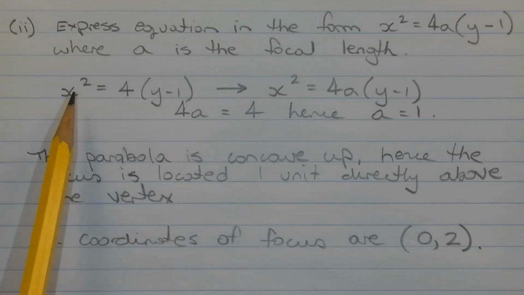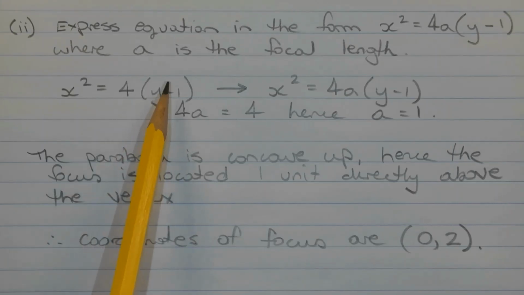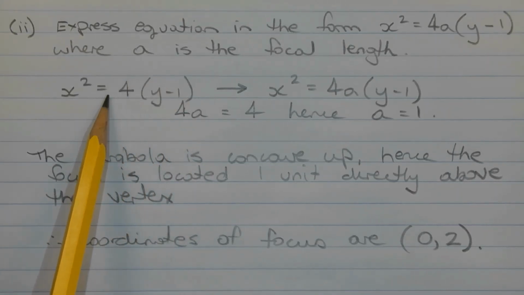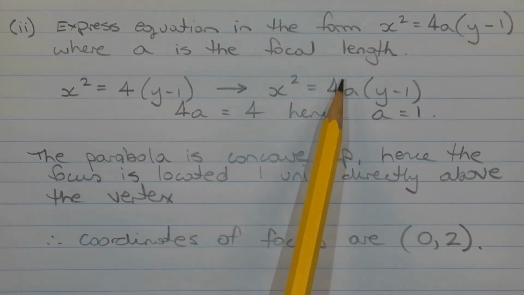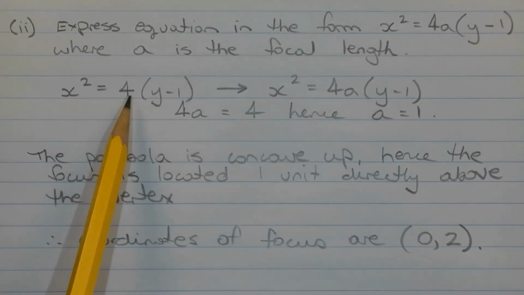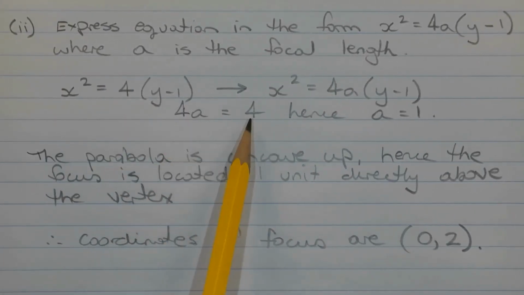Now the original equation is x squared equals 4 times (y minus 1). So we equate the 4 with 4a. Now given that 4a equals 4, that implies that a is equal to 1. That means the focal length is equal to 1, which means that the focus is 1 unit either above or below the vertex.